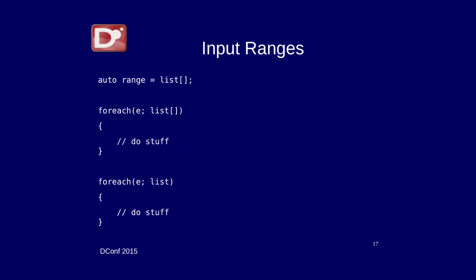In this case, we're doing the same thing, but with a list again. First piece, you're getting a range from this list. Now you can do whatever you can do with ranges with this range from the list. But you can also use the list directly in foreach. The most obvious way would be in the second piece here, where you just slice the list, so you get the range and iterate over it.